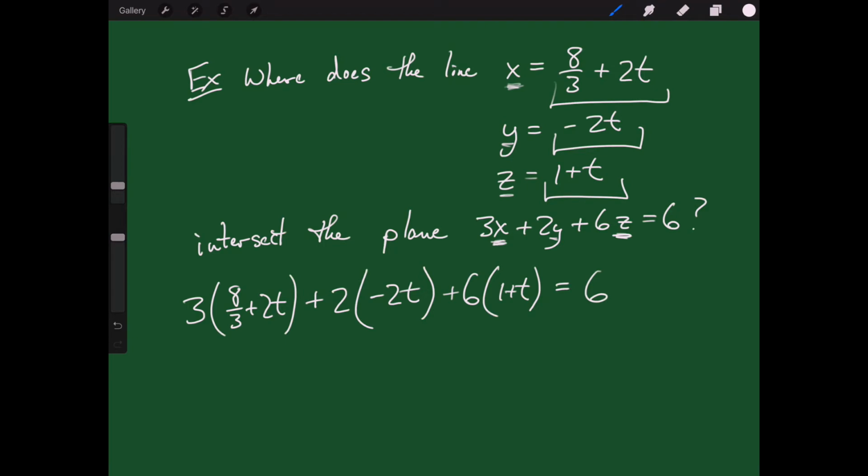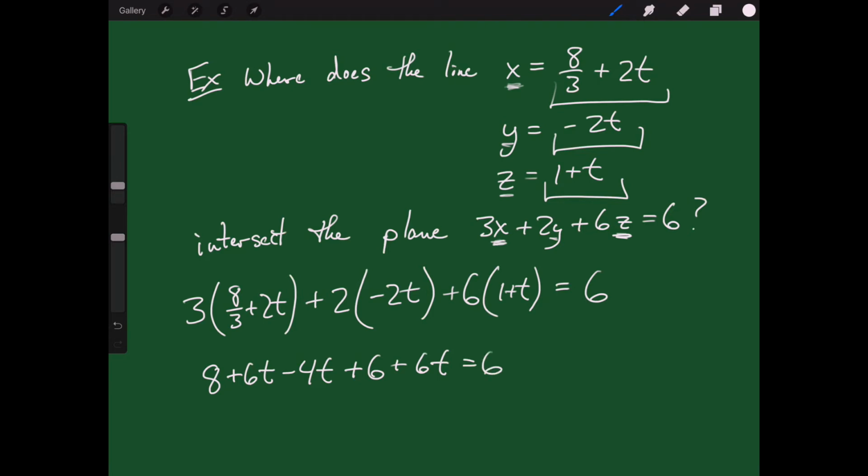So now let's simplify this a little bit. I multiply 3 times 8/3 and I get 8 plus 6t minus 4t plus 6 plus 6t equals 6.